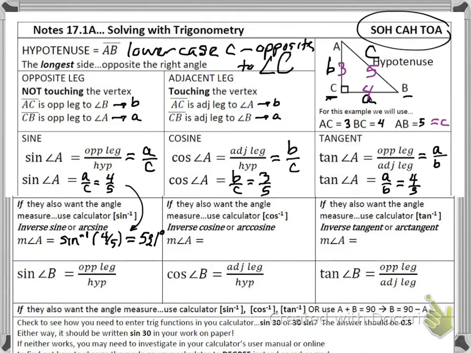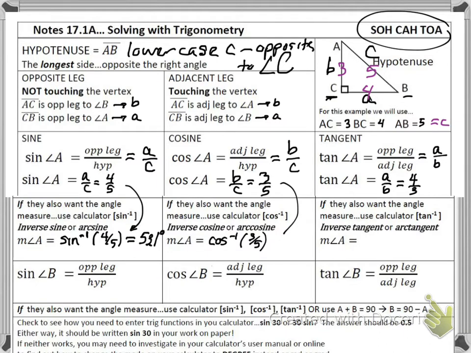Okay. If I'm trying to do that with a cosine, I have to say the inverse, -1 means inverse, cosine of this 3/5 I have up here.